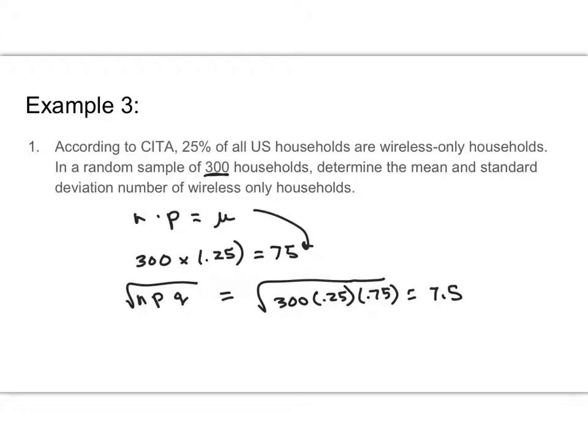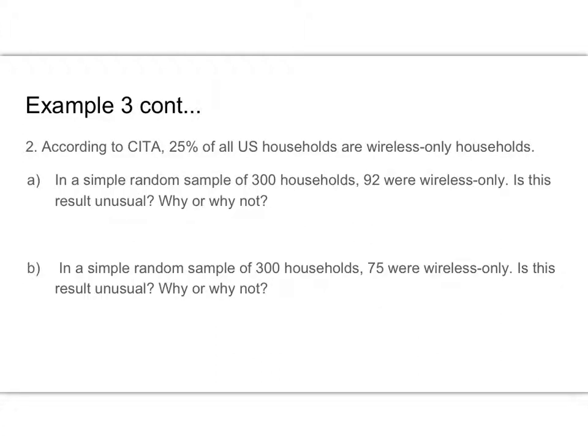Why do we care about this? Well, let's use it in a problem. In a simple random sample of 300 households, 92 were wireless only. Is this result unusual? Why or why not?